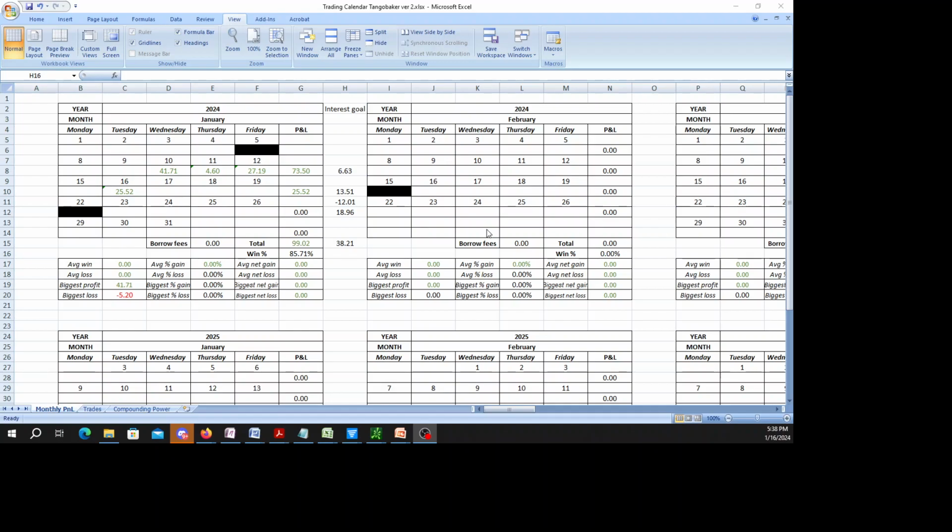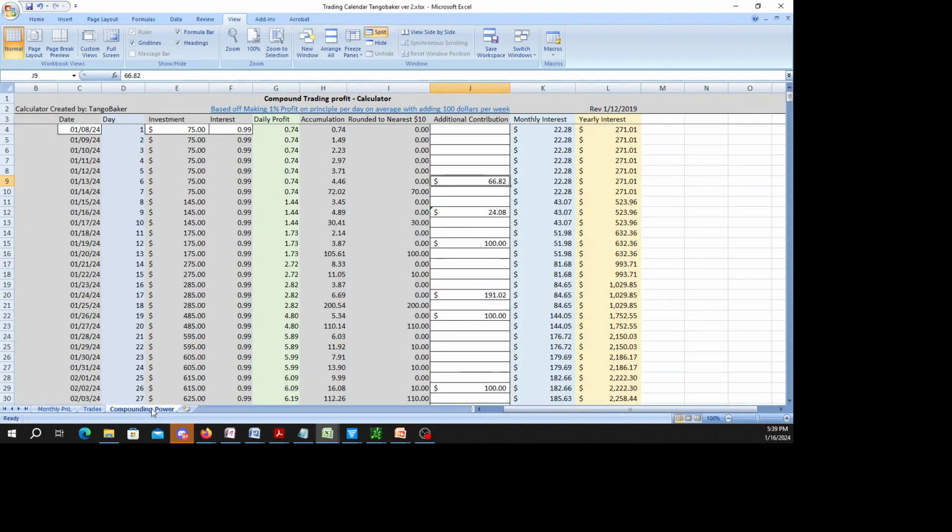Now I'm of course customizing the Excel sheet for my uses, and one of the things I've added to my Excel sheet is called compounding power. Compounding power is just a thought process of reinvesting your profits and then making more money or building up your principal. So I'm utilizing the idea of $75, and then I'm doing an interest rate of 1%.